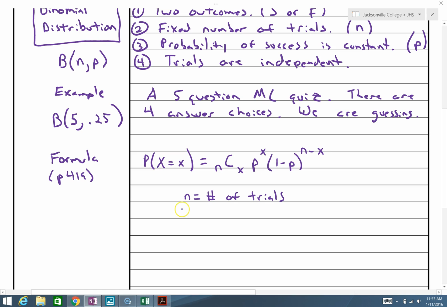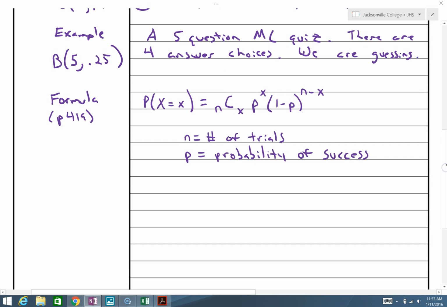This p is the probability of success. And this x, this lowercase x, is how many successes out of that n, the number of successes in n trials.